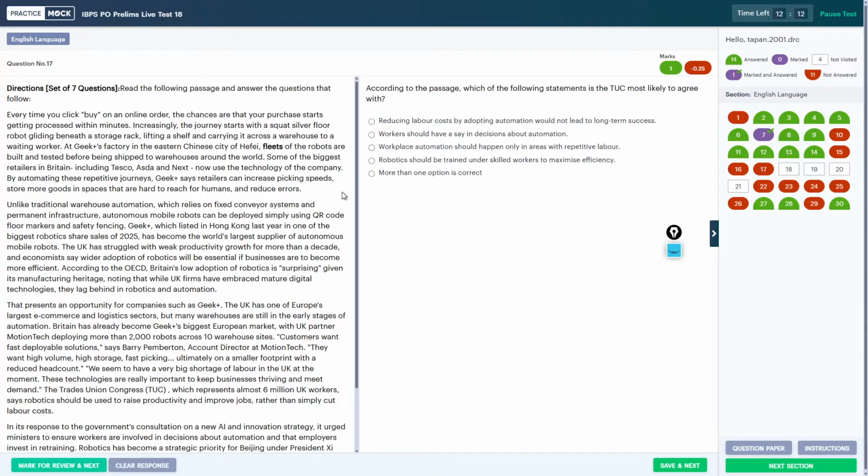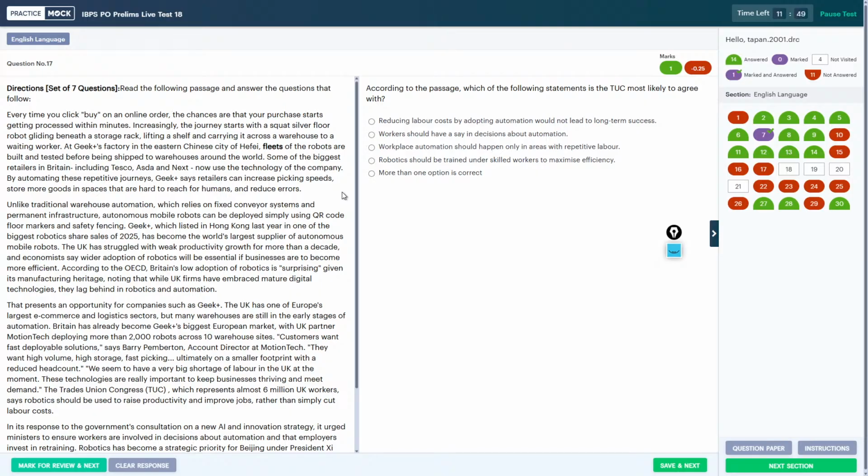Some of the biggest retailers in Britain, including Tesco, Asda, and Next, now use the company's technology by automating this repetitive journey. Geek Plus says retailers can increase picking speeds, store more goods in spaces that are hard to reach for humans, and reduce errors.